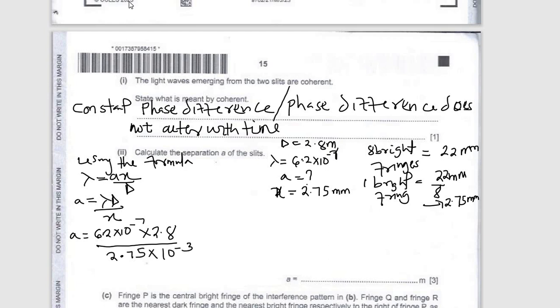Let's do the calculation: 6.2 times 2.8 divided by 2.75 gives 6.31. So A is 6.31 times 10 to the power minus 7 plus 3, that's minus 4. That is A.